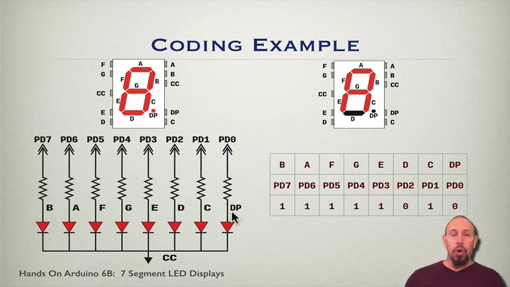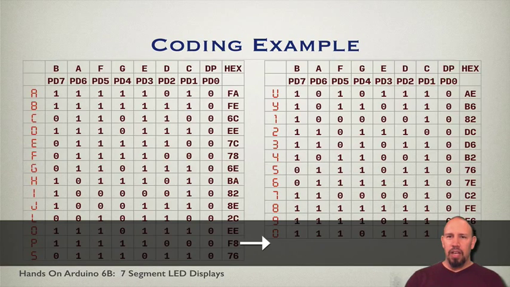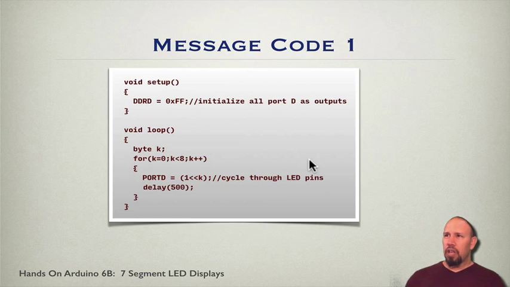The program I'm going to show you lights this one first, then that one, then that one, and so forth. It lights them in a pattern, and then we can see what that pattern is, and then we know exactly how the LEDs are arranged. Then we can define the codes that are needed to program that letter.